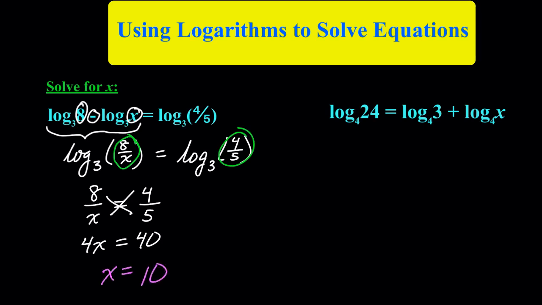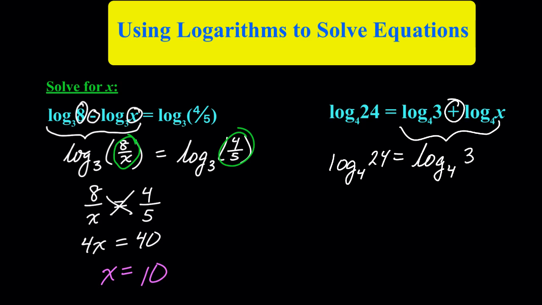Okay, so the next equation, once again, we see that we have two logarithms on the same side of the equation, but this time those two logarithms are separated with addition, so we are going to condense those two logarithms, and those two logarithms condense through the use of multiplication, which would be 3 times x.